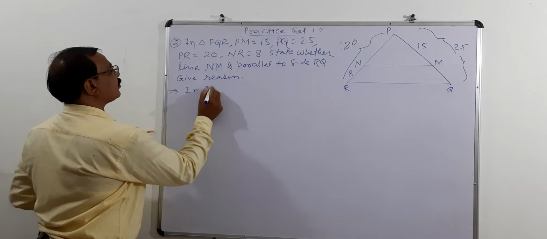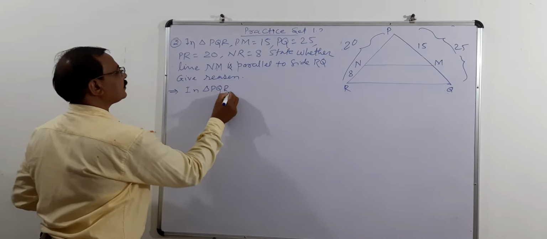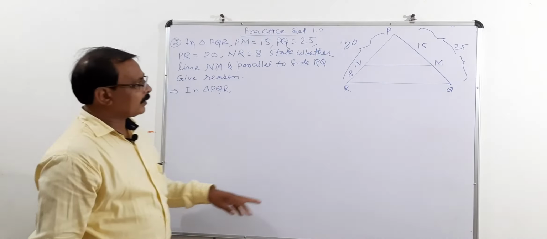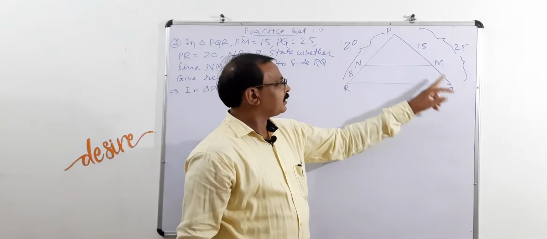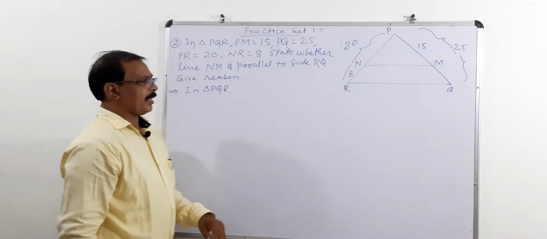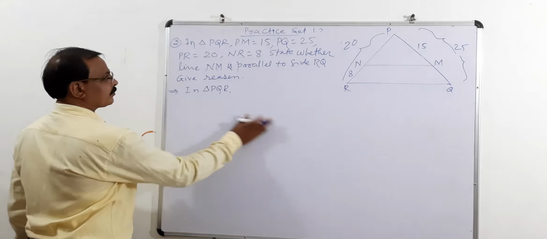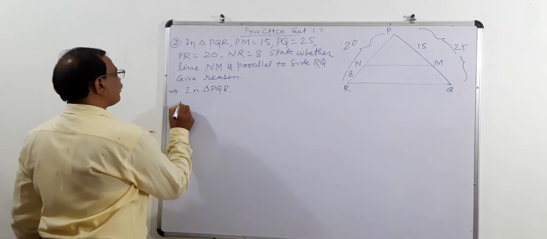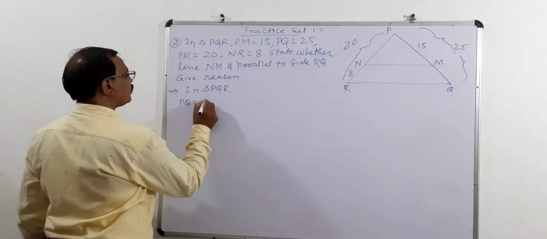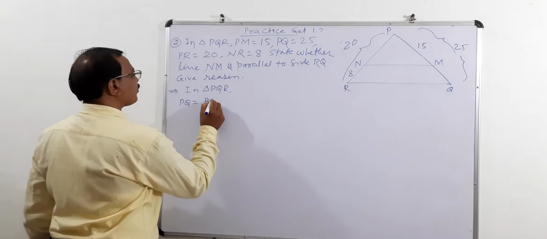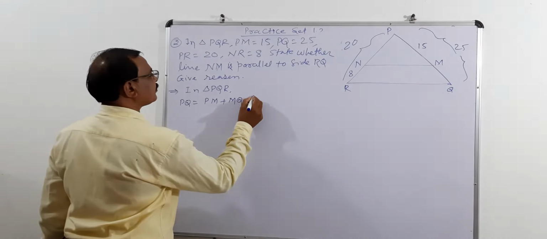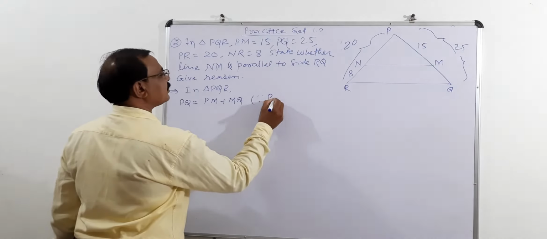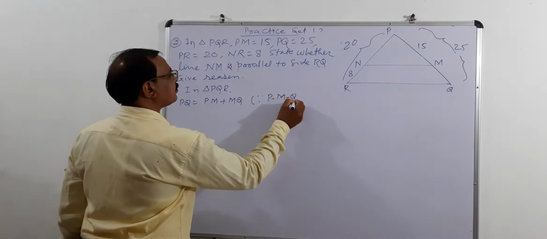In triangle PQR, first of all we can find out the value of PN as well as MQ. PQ is equal to PM plus MQ, since P-M-Q is in betweenness.